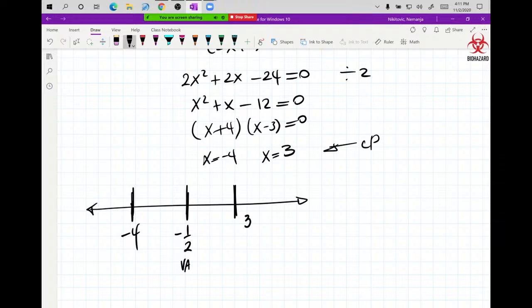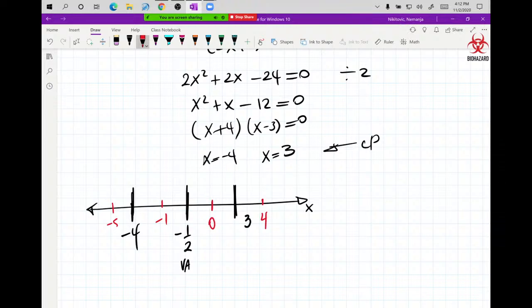And that's it. Now we are going to use the test to compute, first test points. So -5, -1, 0, obviously, and 4.